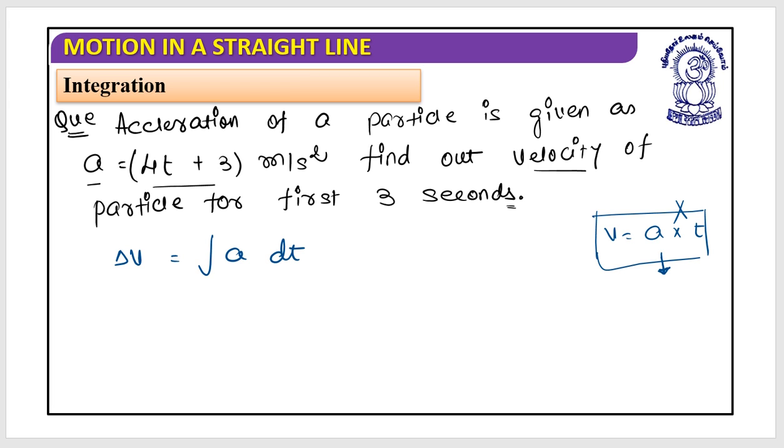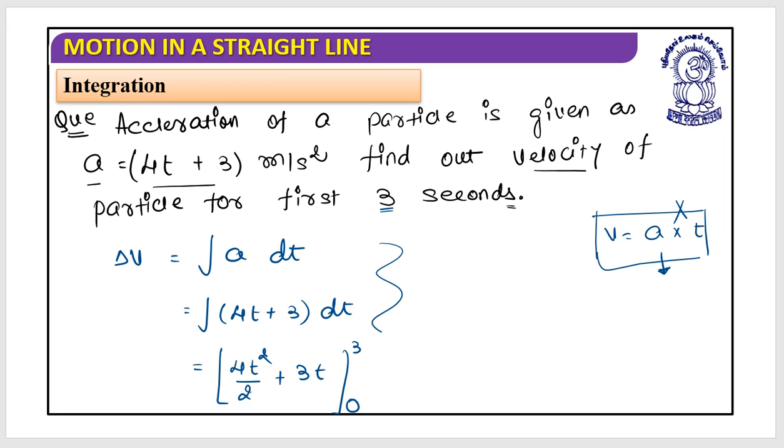So you need to integrate this. So let delta v be the integration of 4t + 3 dt. That would be equal to 4t square by 2 plus 3t, and I need to integrate it from where to where. It's the first 3 seconds, that means from 0 second to 3 seconds. So let me put in the values.